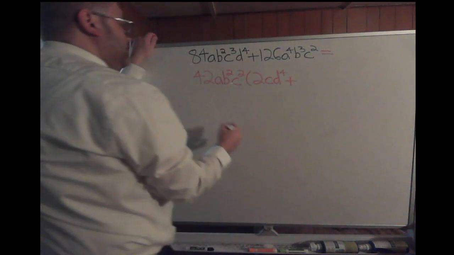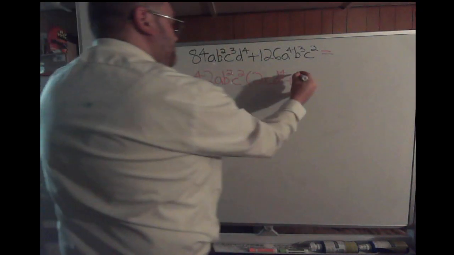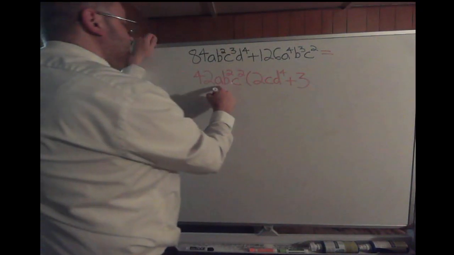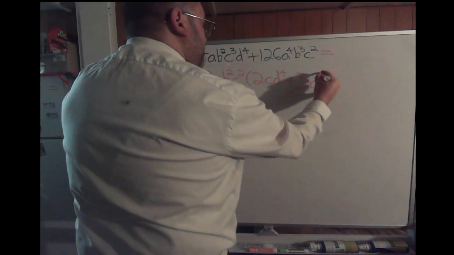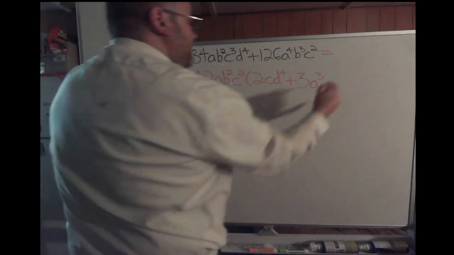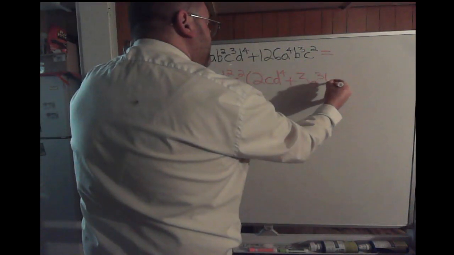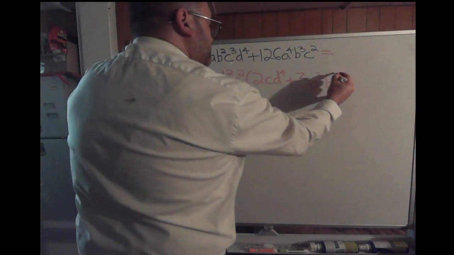Plus, then we have 42 times what equals 126? Well, that'd be 3. A times what equals a to the fourth? A to the third. b to the second times what equals b to the third? Well, that would be b. c to the second times what equals c to the second? Just 1. So we're done there.